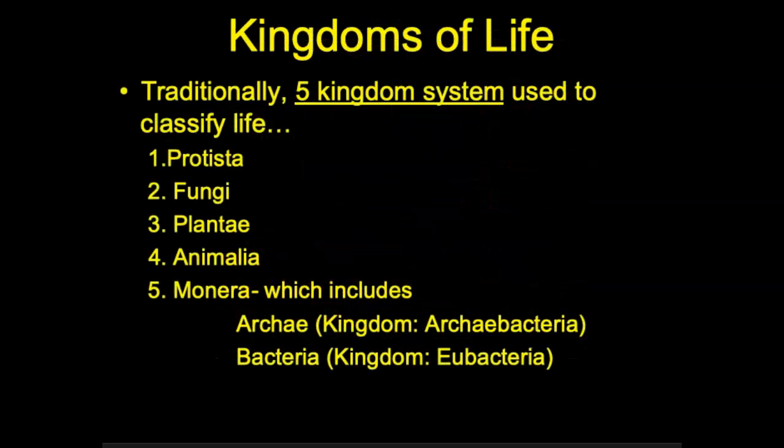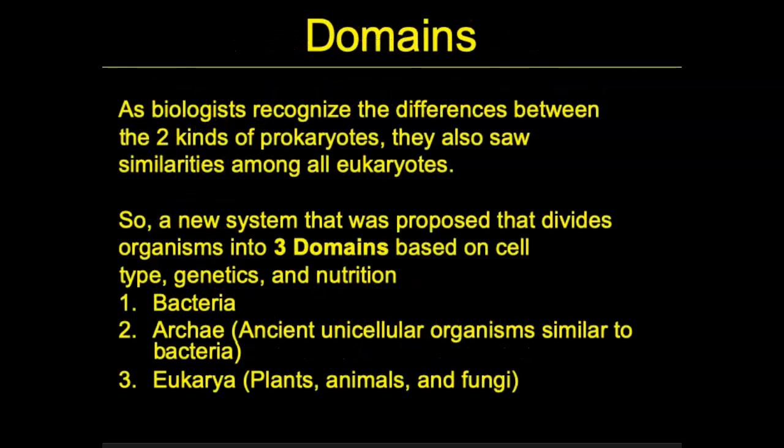So most scientists have been using the traditional five-kingdom system to classify life: the protists, the fungi, the plants, the animals, and the bacteria kingdom.